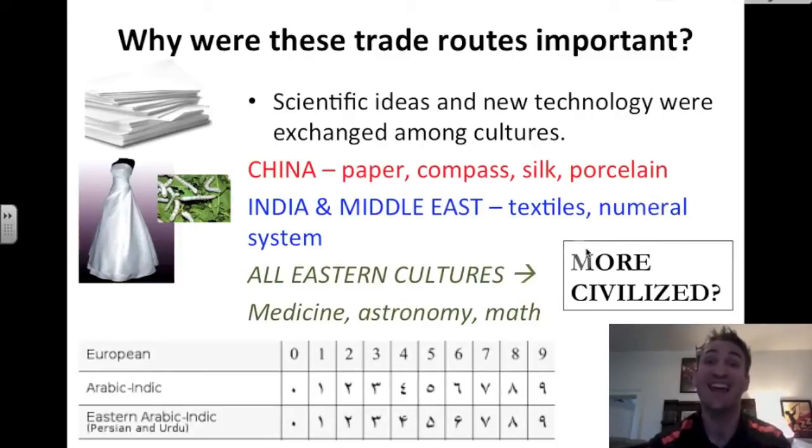We can say also that all Eastern cultures gave the West ideas about medicine, astronomy, and math. The first numeral systems were not invented by Europe or Western cultures, but rather by Eastern cultures. You see the Arabic Indic number system.